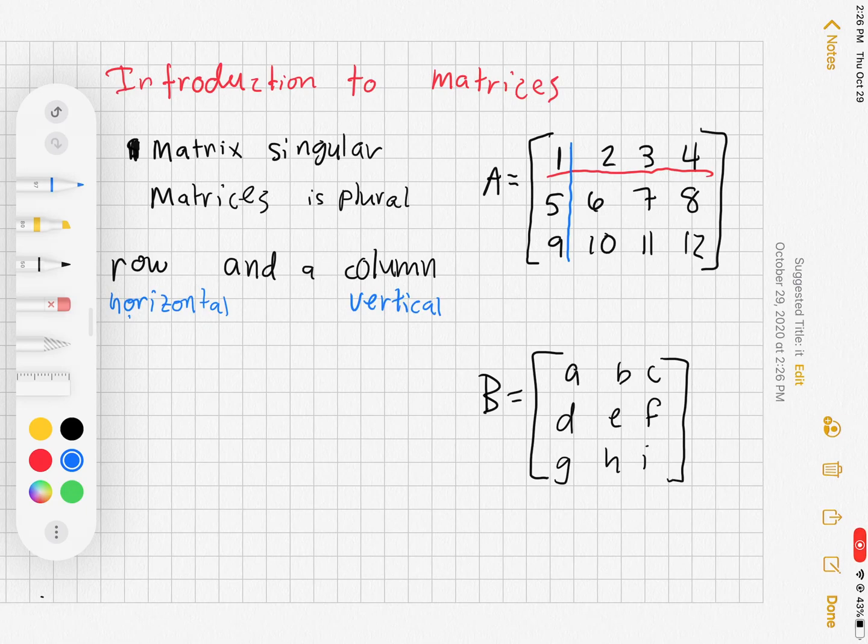We end up using the terms rows and columns a lot with matrices, so make sure we understand the difference. A very common thing that we talk about with matrices is the idea of its dimension. Dimension isn't that hard to understand. It's the number of rows and the number of columns.